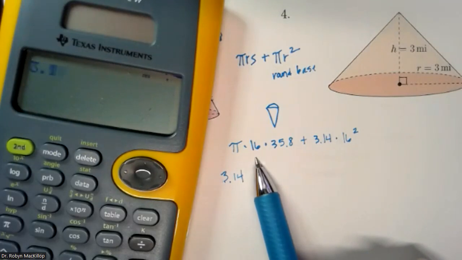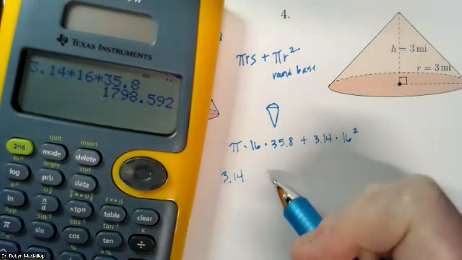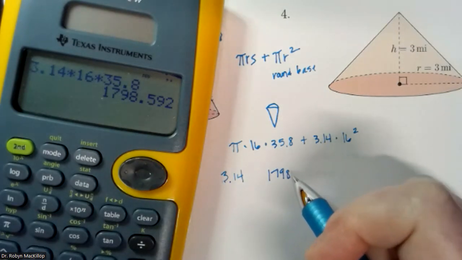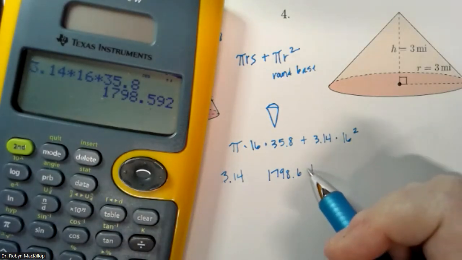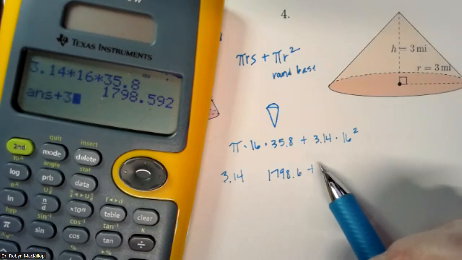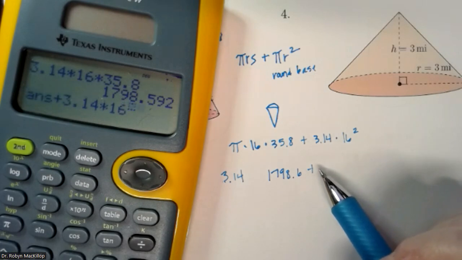So 3.14 times 16 times 35.8 equals. I'm going to equal it out so I don't screw it up, just to keep notes for me, plus 3.14, now we're measuring that bottom, times 16 squared.